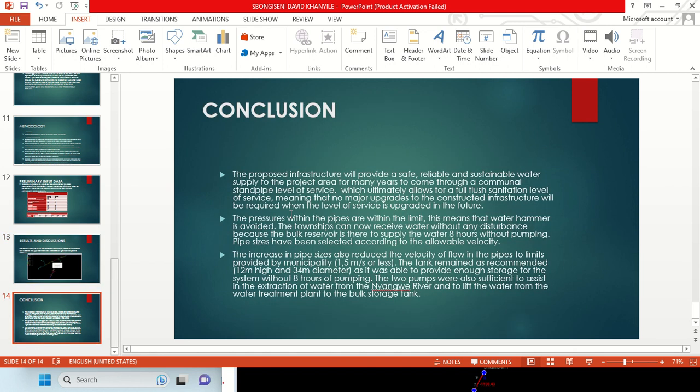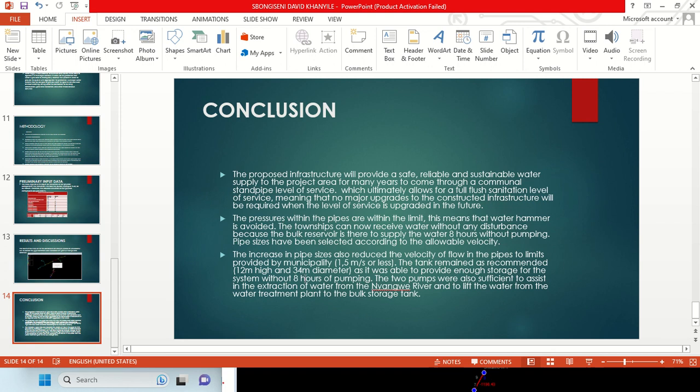In conclusion, the proposed infrastructure will provide a safe, reliable, and sustainable water supply to the project area for many years to come through a communal standpipes level of service, which ultimately allows for a flush sanitation level of service, meaning that no upgrades to the constructed infrastructure will be required when the level of service is upgraded in future.